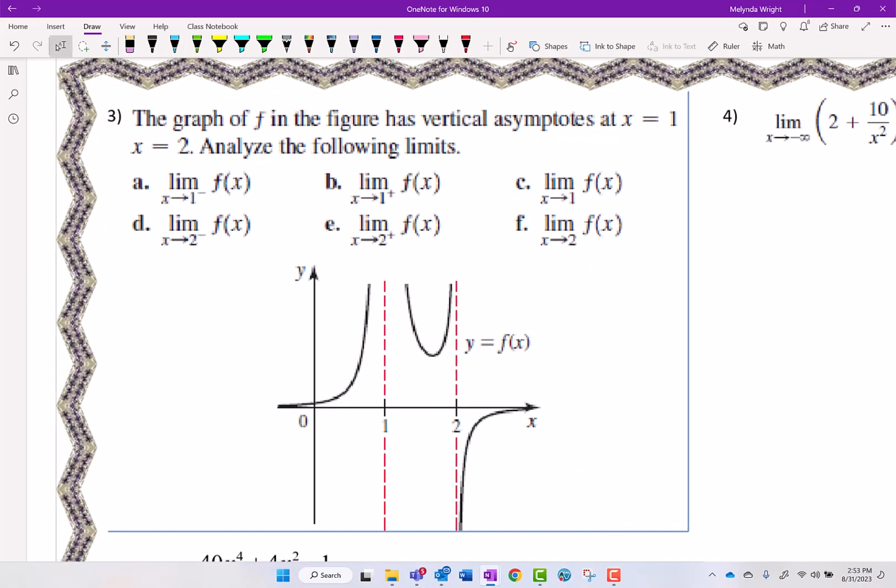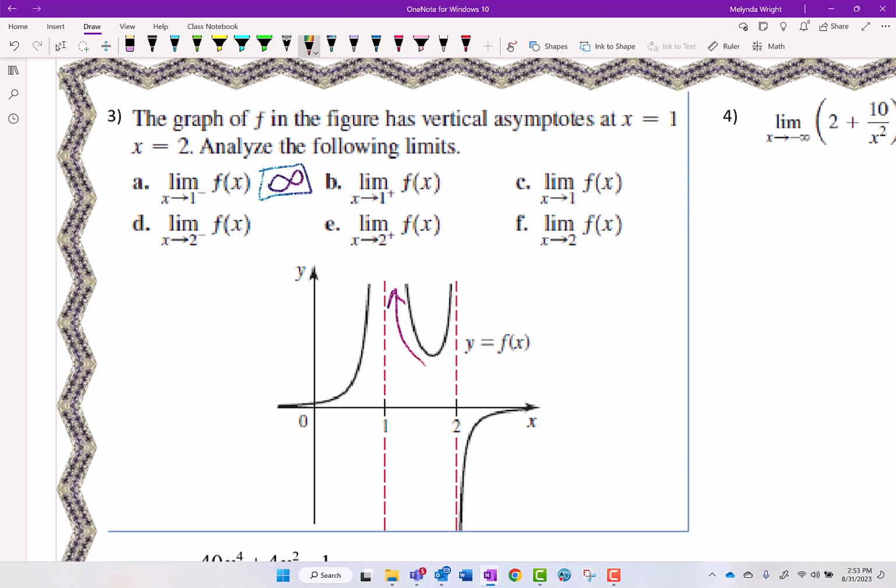Here we've got a graph. I love the graphs. So we're going to figure out what's going on. We're going to use the graph to answer these questions. So we're going to 1 from the left, and we're going to infinity. Don't put equals, just put infinity in a box.